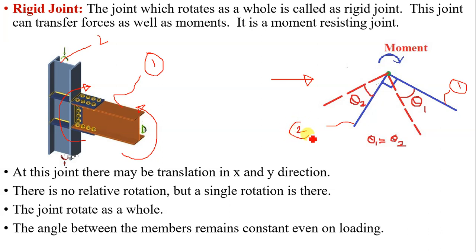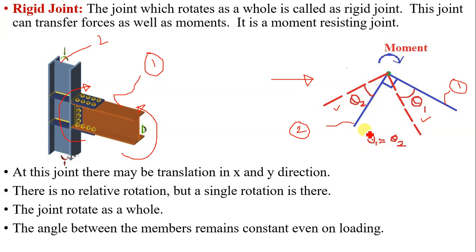Now a moment in clockwise direction is applied at this rigid joint. Now what will happen? This first member will occupy a new position, and this is the rotation of the first member. At the same time, the second member will occupy a new position, and this is the rotation of the second member.